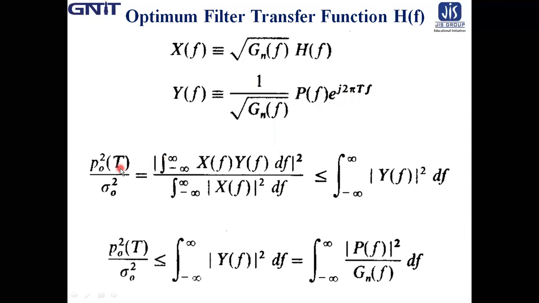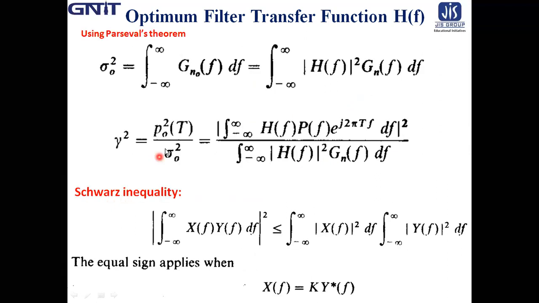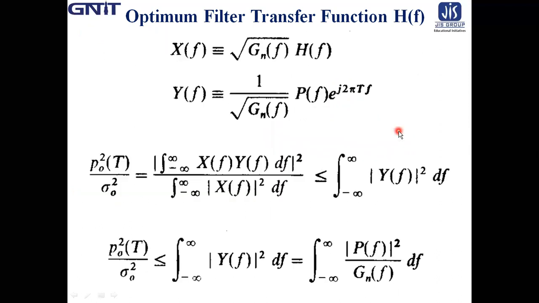Therefore, gamma square, the numerator is the integral of x(f) y(f) df whole square, and the denominator is simply the integral of |x(f)| square df.